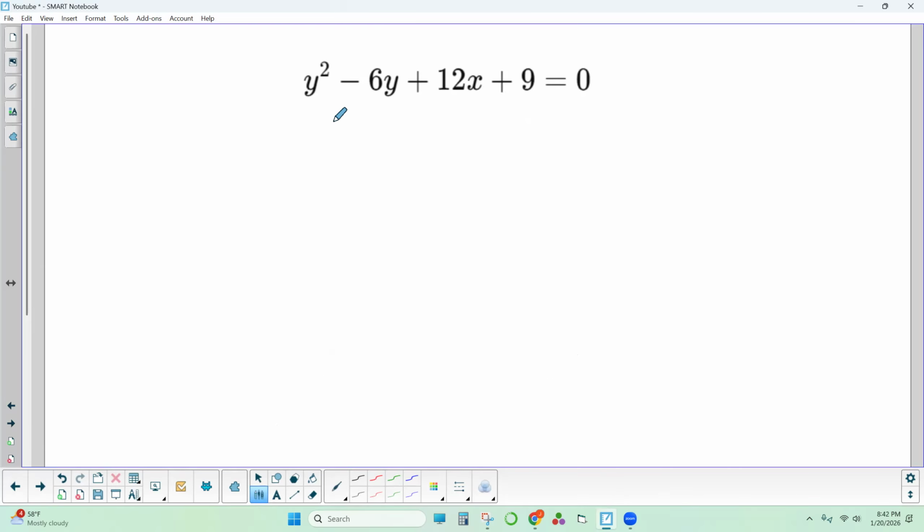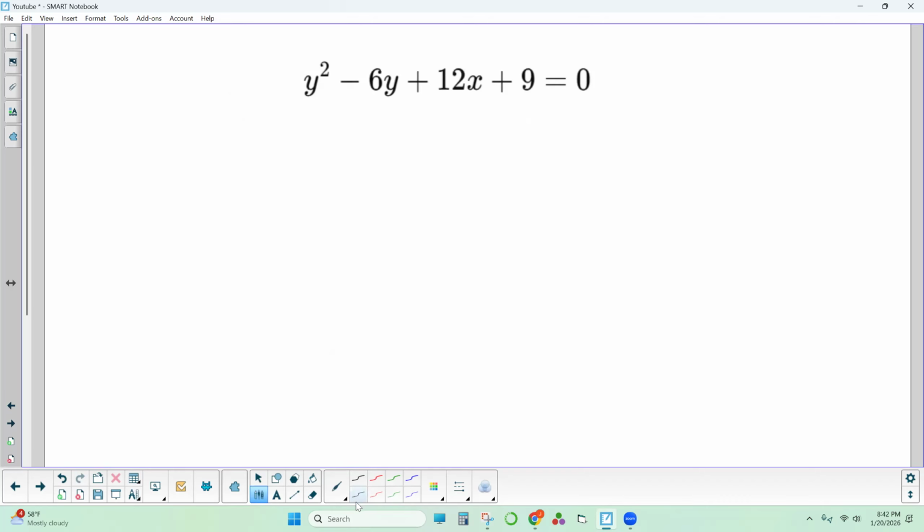Again, I'm studying this equation and I see that only one of the variables is squared, so I know it's a parabola. And this time, y is squared, so I know that it is a horizontal parabola. I'm going to write this in standard form. Since it's horizontal, I need to write it in terms of x.